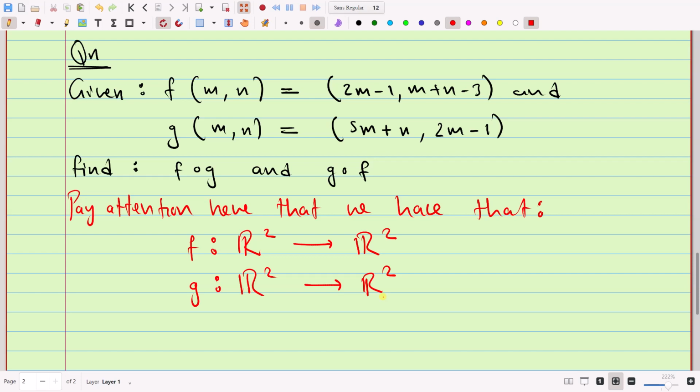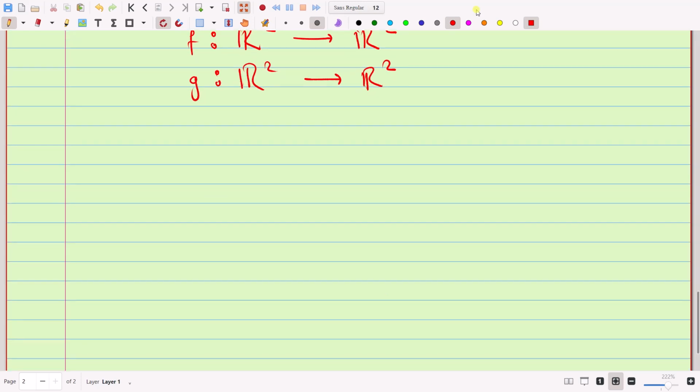So these two need not be equal to each other. By this, we mean composition is not a commutative property. This example serves as a demonstration that you don't have to expect this operation to be commutative.